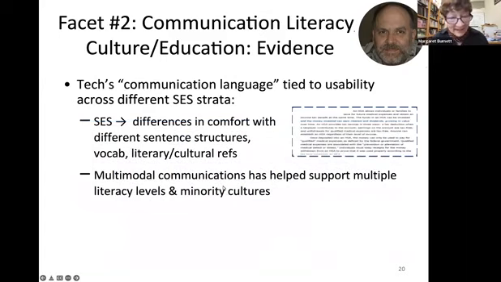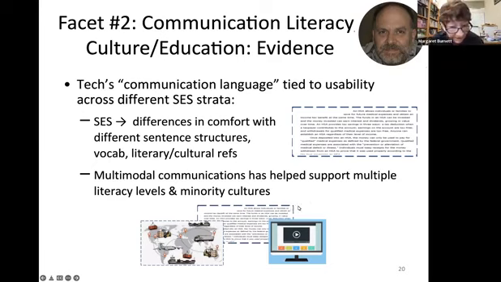Now, one of the findings is that actually multimodal communications can really help support multiple literacy levels and also minority cultures. And minority cultures also are disproportionately larger in lower socioeconomic communities. So here are just a few examples. Here's, of course, our text. That's one example of a mode of communication.